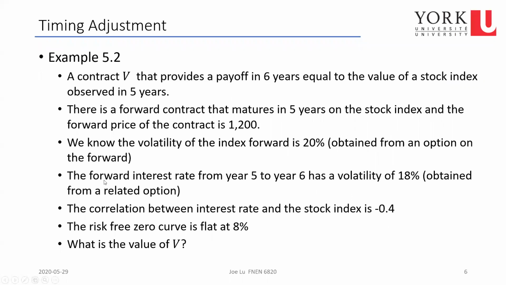So in this case, we need to do a timing adjustment. Now, if you do a numerical calculation on this, you actually don't need to do a timing adjustment specifically to calculate this, because the procedure itself will handle that.